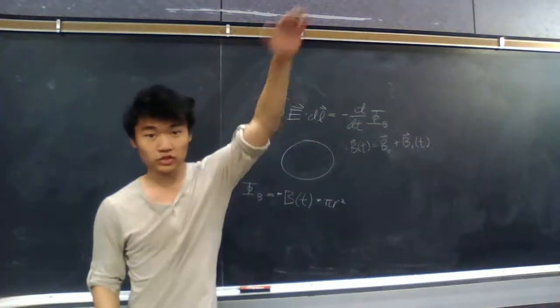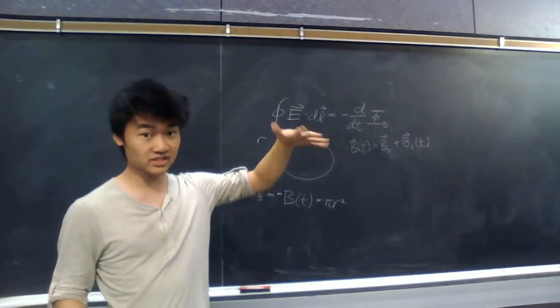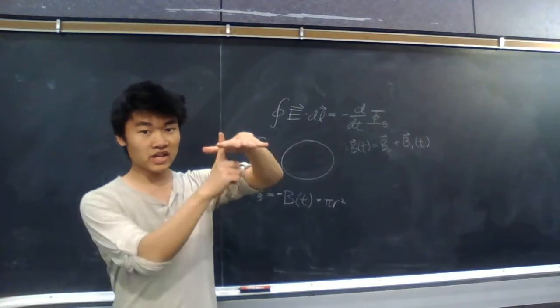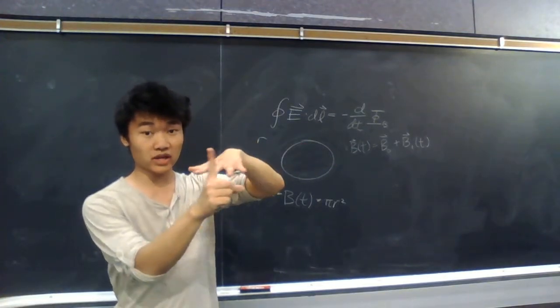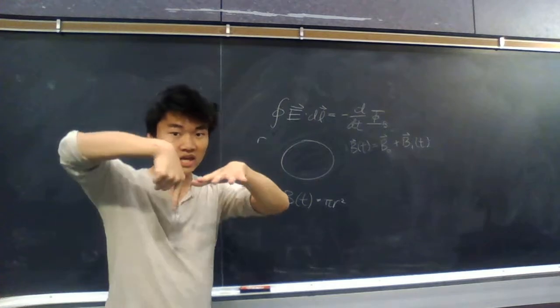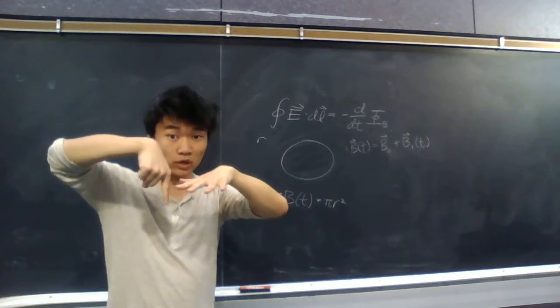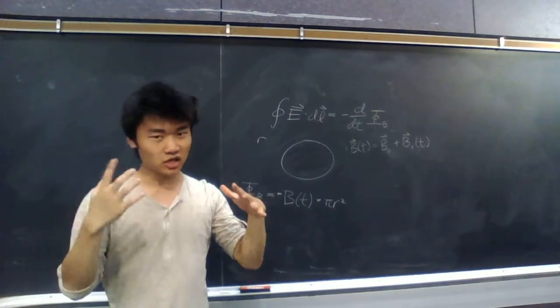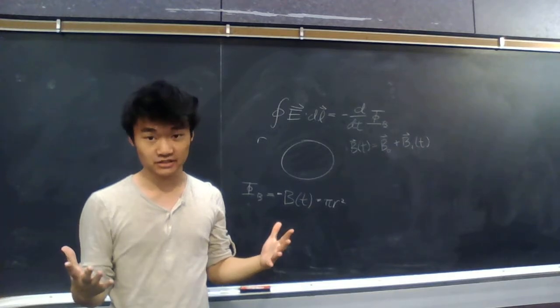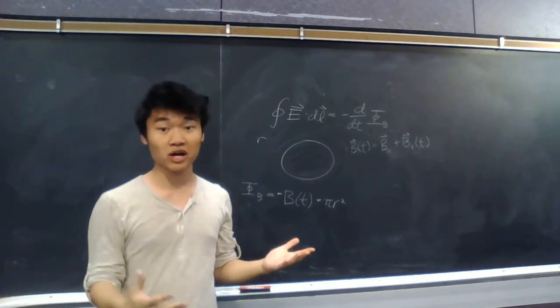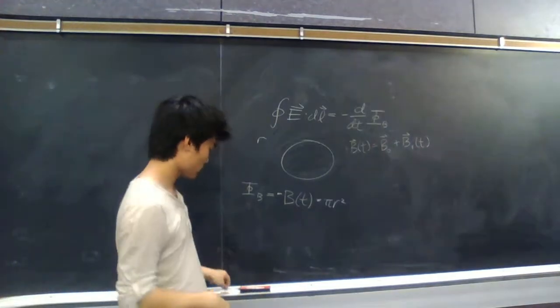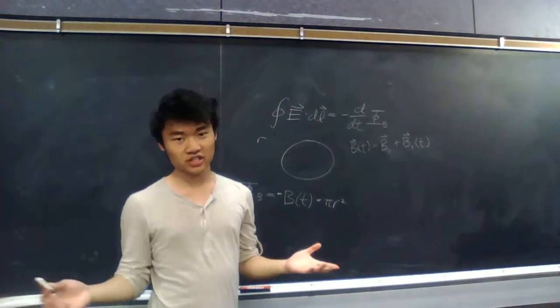So basically, when you have a surface, say this is the surface of our circle, if the magnetic field is pointing this way, we get one answer. If the magnetic field is pointing this way, we get the same answer, but obviously it should be opposite in magnitude. How do we decide which one's positive and which one's not? It's just a conventional thing.